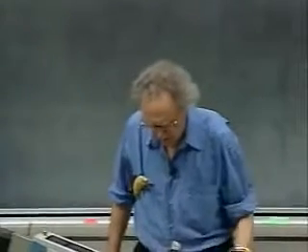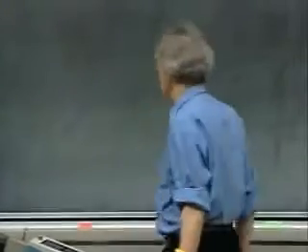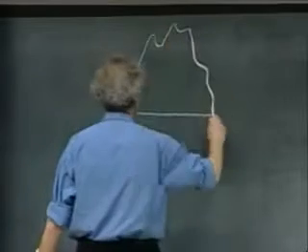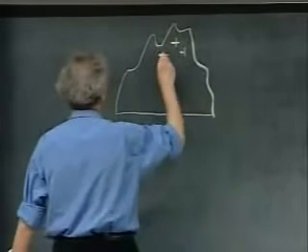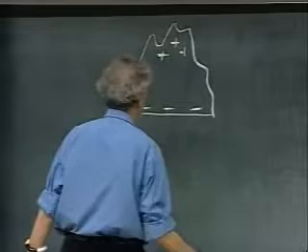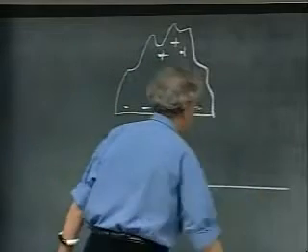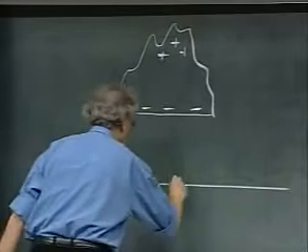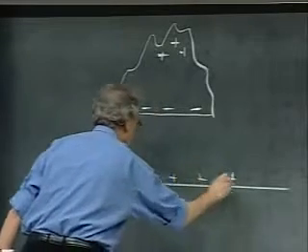I will simply give you some facts, and so I will accept the fact that the cloud is going to be charged. This is the cloud, positive at the top, negative at the bottom, and here is the Earth. Because of induction, the Earth, of course, will therefore become positively charged here.